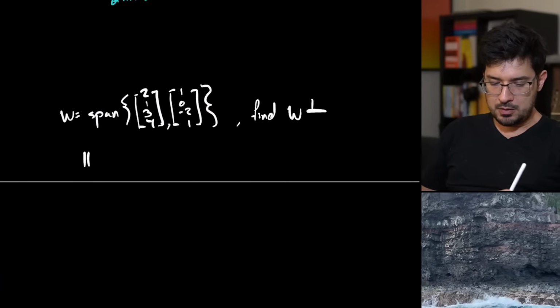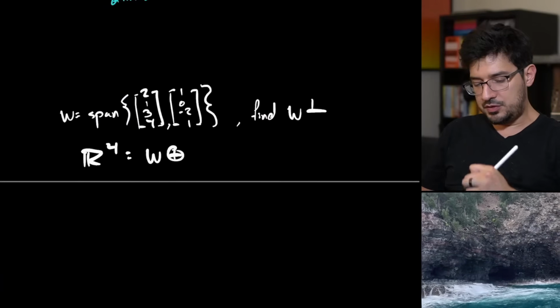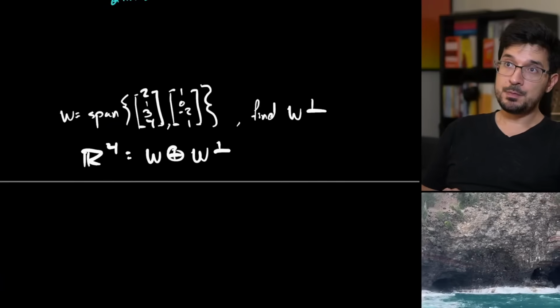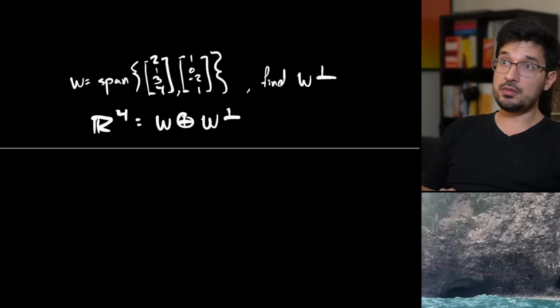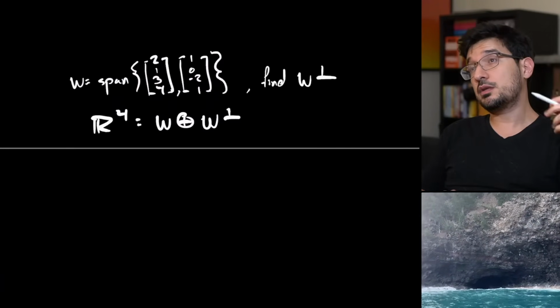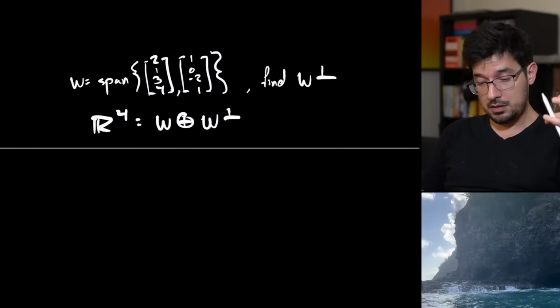So we know R4 is a direct sum of W and W perp. And W is a two-dimensional subspace, so we expect that the orthogonal complement will be a two-dimensional space as well.